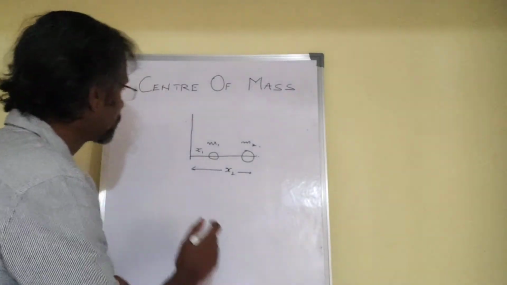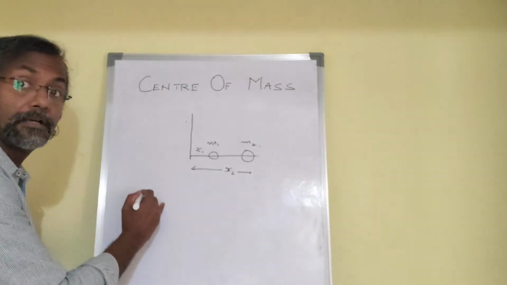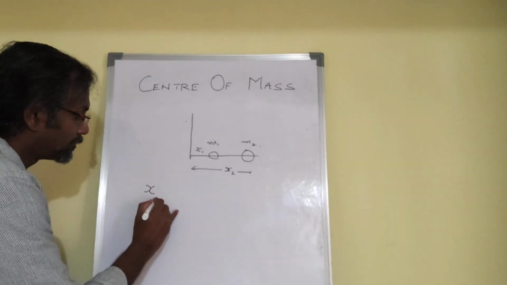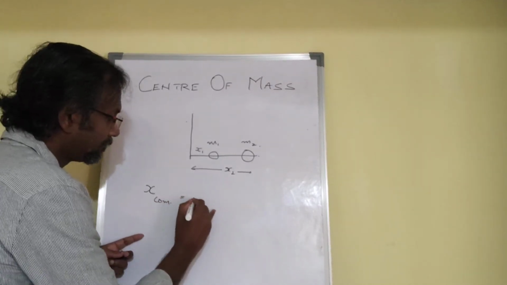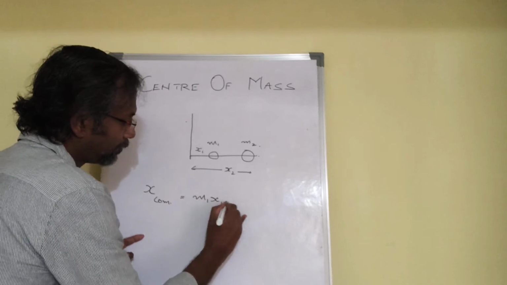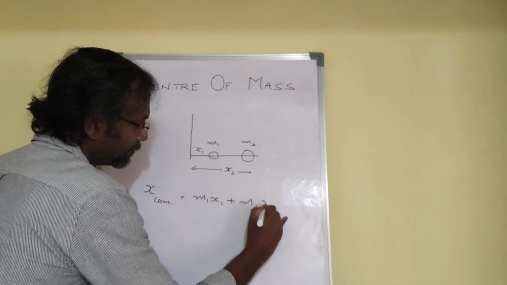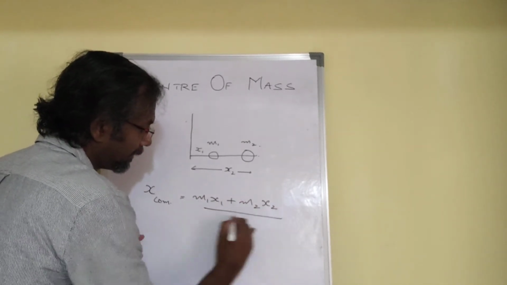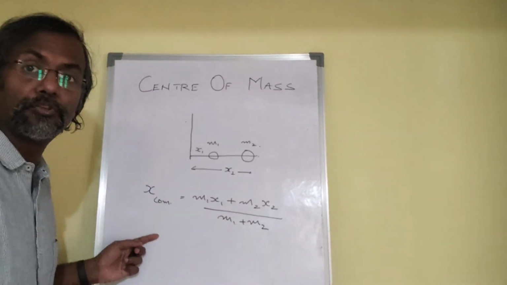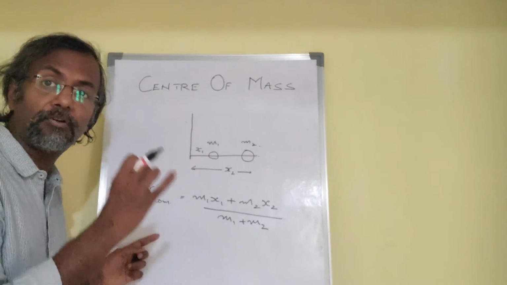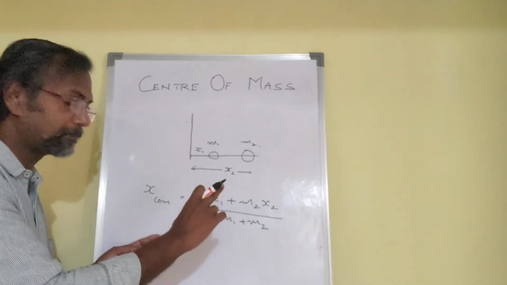In such a case, the x coordinate of the center of mass, you find it by (m1x1 + m2x2) divided by (m1 + m2). This would give you the position of the center of mass on the x coordinate, right?